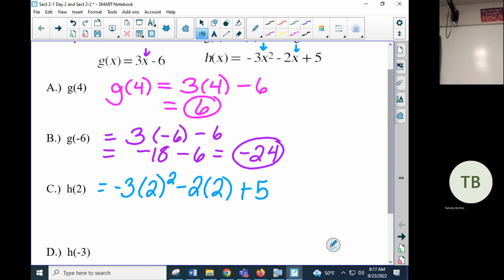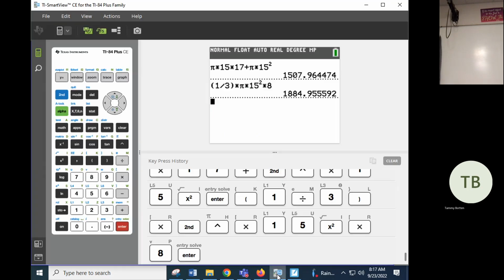Now, on your calculator, you can punch this in exactly how it looks. So if you went to your calculator and you went -3, parentheses, 2, parentheses squared. Now, honestly, with this being positive, you don't have to put it in parentheses. You could just go 2 squared.